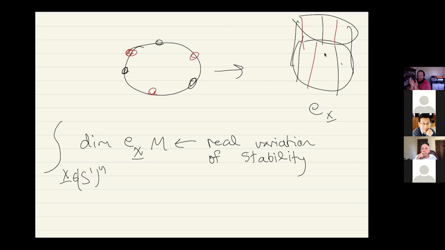If you have a module where you only get a non-zero image of the idempotent when there are a bunch of strands in the middle between your two colliding reds, then the central charge, this integral, vanishes to that order as those two points collide. So this order of vanishing has a purely algebraic interpretation.